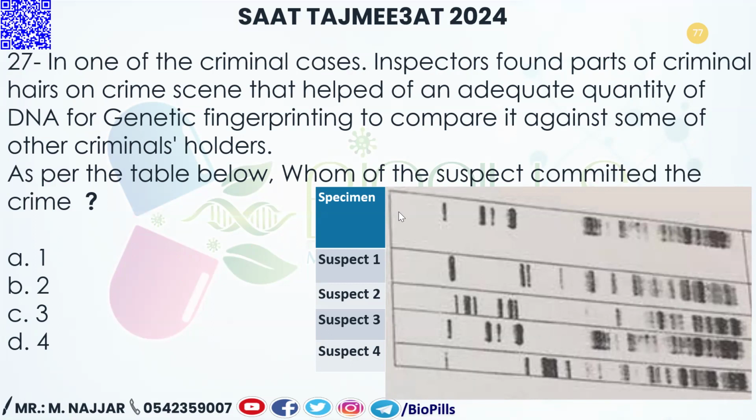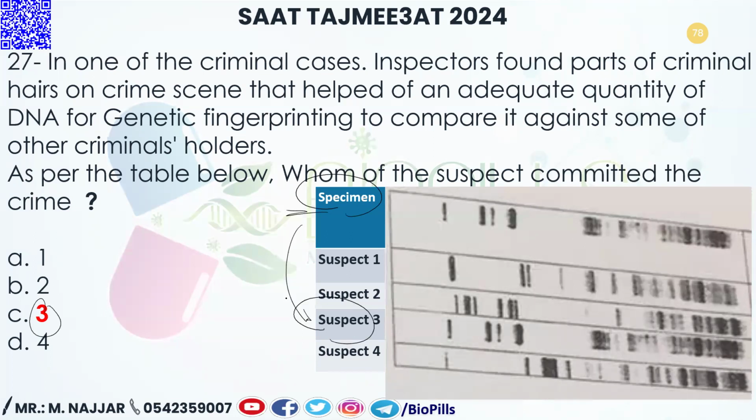It's suspect number 3, because there is a match between the DNA fingerprinting and what has been found at the crime scene. So the criminal is individual number 3, because there is a match between the DNA fingerprinting of the specimen found at the crime scene and suspect number 3.